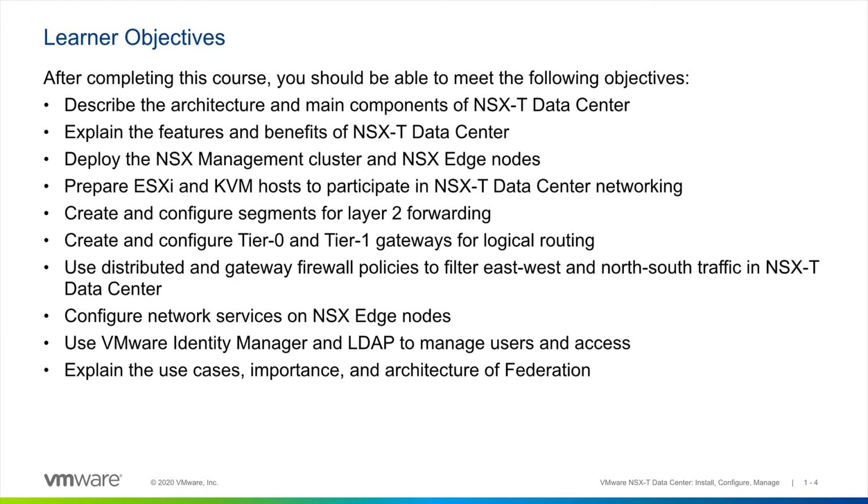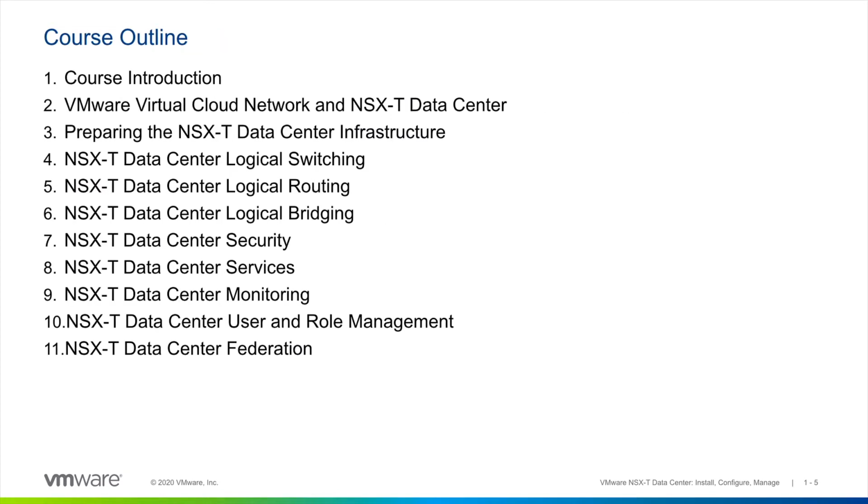We're going to get into how we authenticate against NSX Manager. In other words, how do we authenticate to get in to manage it? We'll talk about LDAP integration. We'll talk about VMware Identity Manager integration. We'll talk about federation and how we can start thinking about tying multiple sites together with NSX T Data Center. So this is the list of stuff that we've got going on.